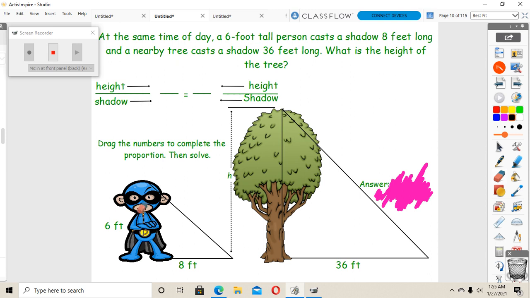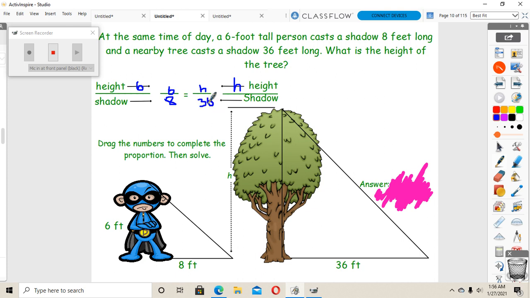The proportion is height to height and shadow to shadow. The person's height is 6, the tree height we need to find is H, the person's shadow is 8, and the tree shadow is 36.